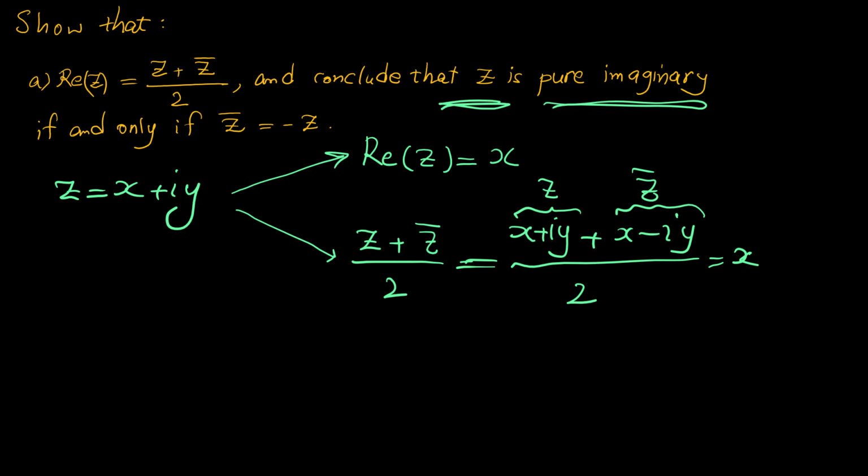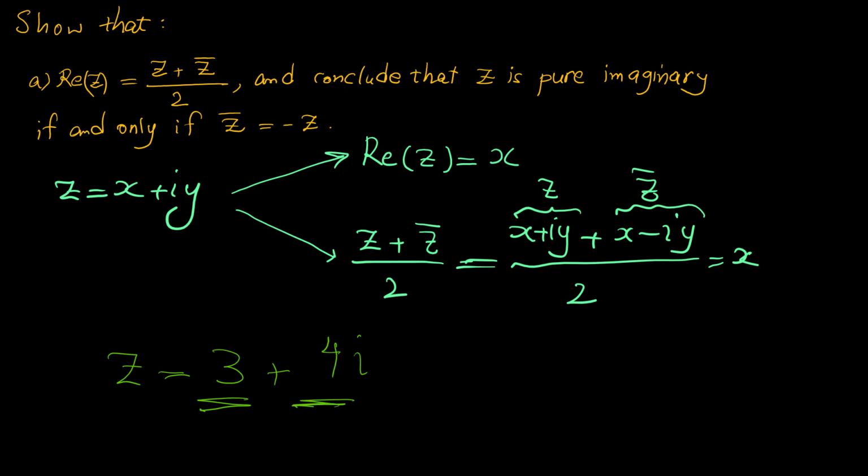Before we start our proof, let's see what is the meaning of this statement that here we want to prove. What is a pure imaginary number? When we have a complex number, let's say z, it has two parts, the real part and imaginary part. The real part is 3 and the imaginary part is 4.